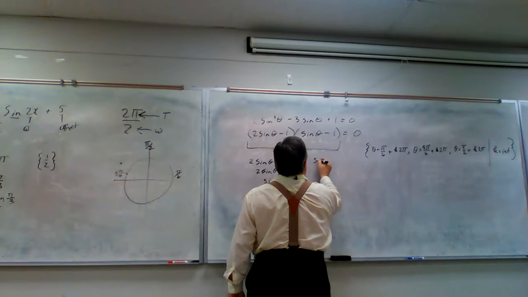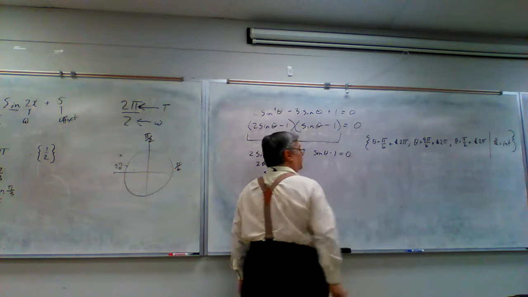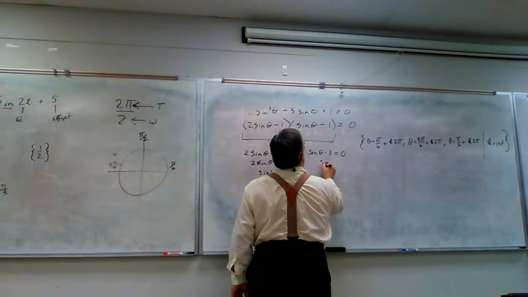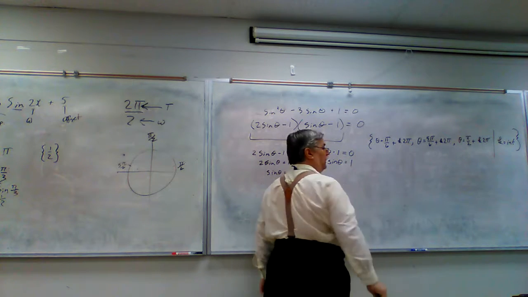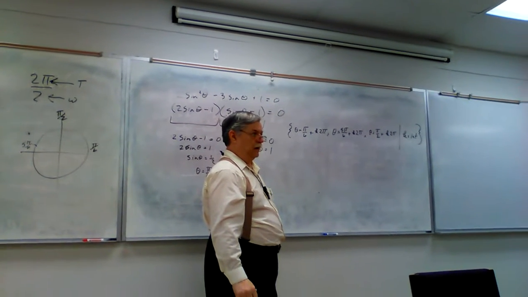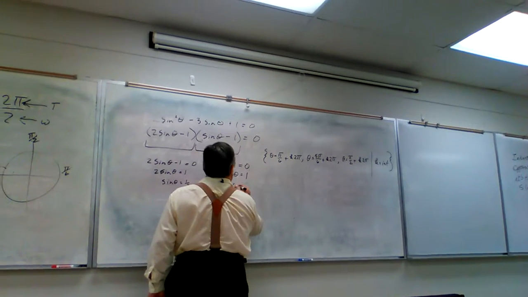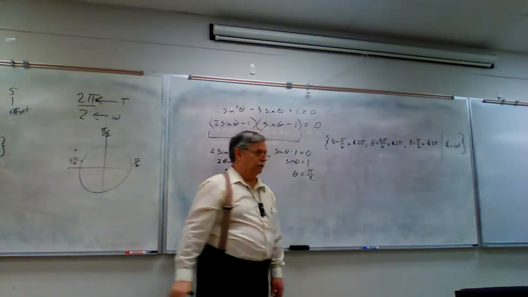So that means that sine theta minus 1 must equal 0. Add 1 to both sides, and we get sine theta must equal plus 1. When is sine theta equal to plus 1? When theta is equal to pi over 2 only.